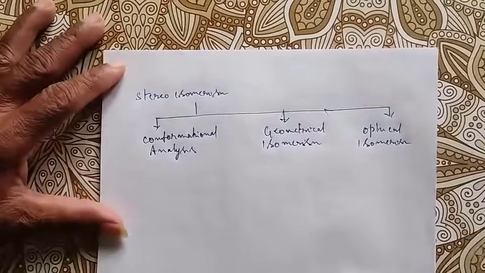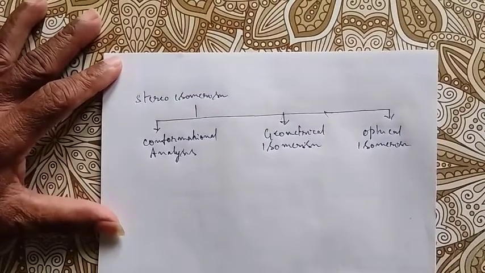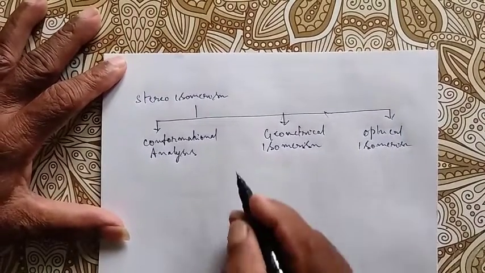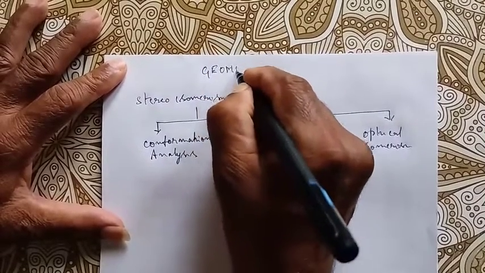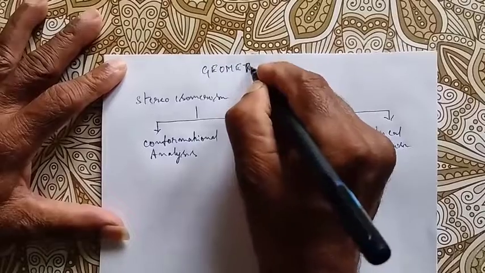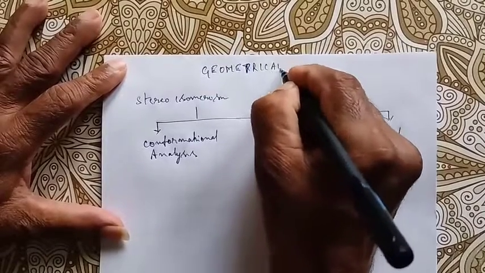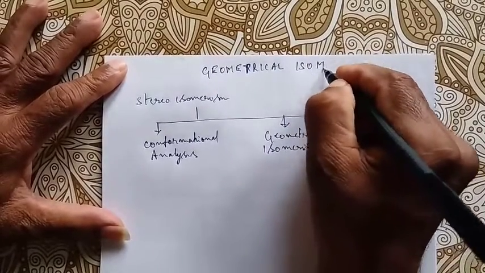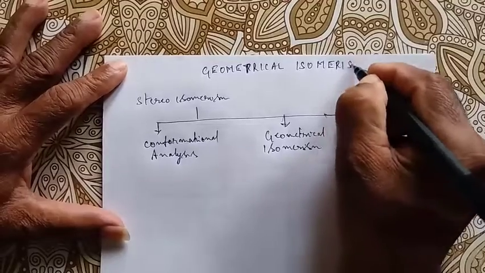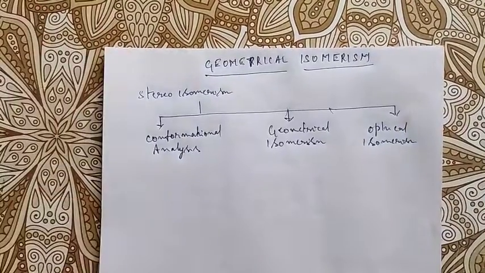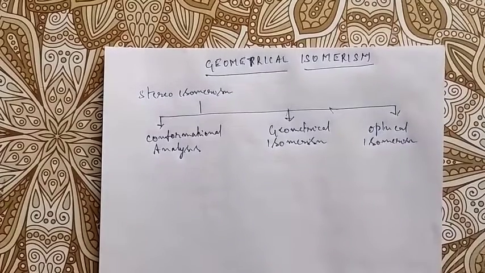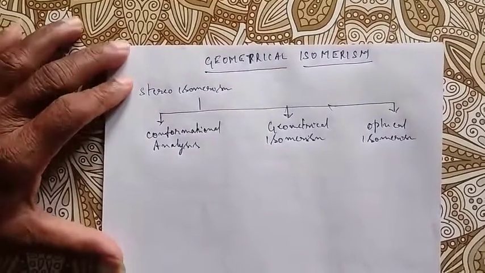Now, in this module, let us discuss geometrical isomerism. Now, let us start with an example.